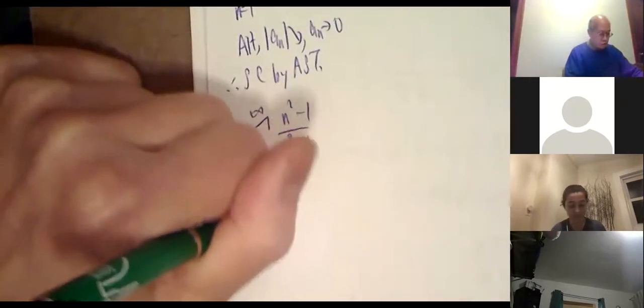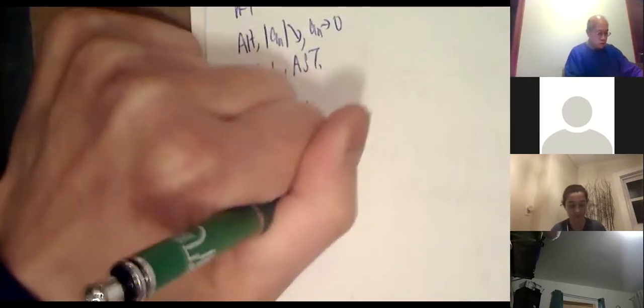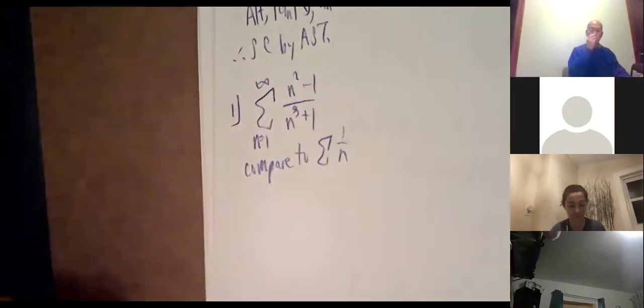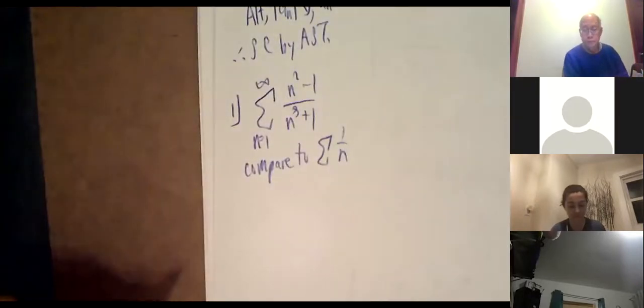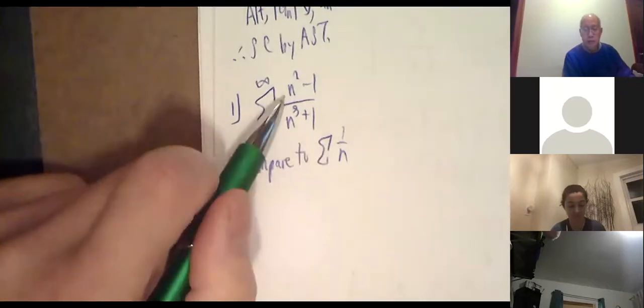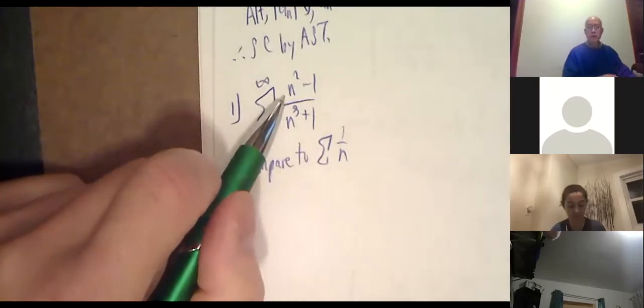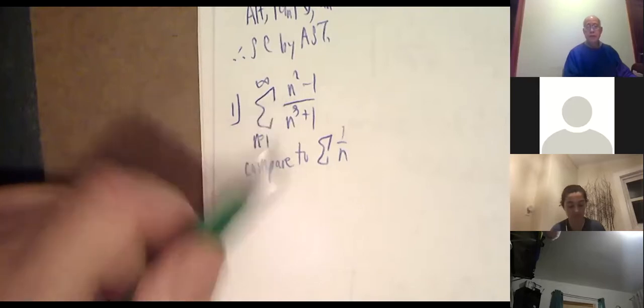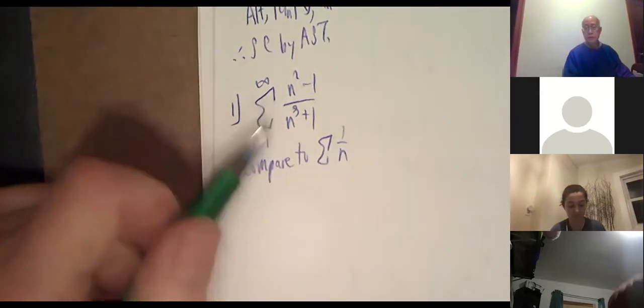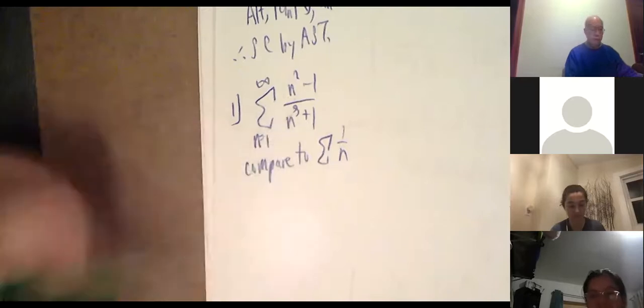So I'm going to compare to the summation of 1 over n. I'll take the ratio of this to this. You should get 1. And that will lead us to the conclusion, whatever happens to this, happens to this.